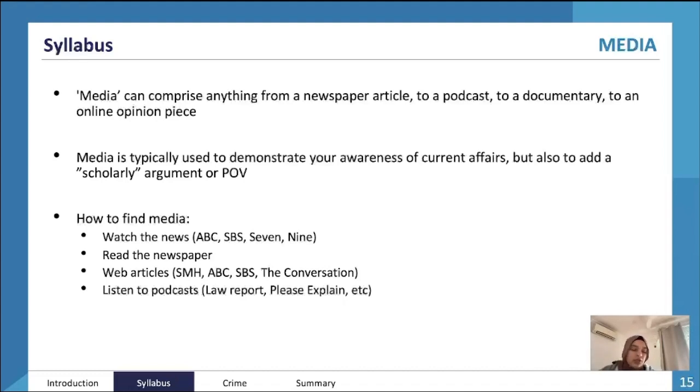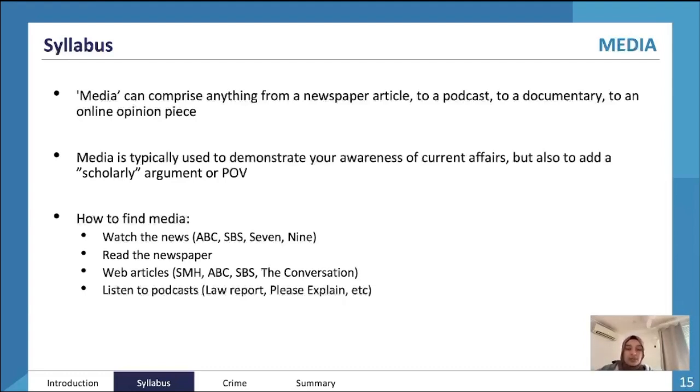My favorite was to just download a news app so that I could subscribe to some of the news companies, like Sydney Morning Herald, ABC, SBS. The Conversation is a really good one for opinion pieces.